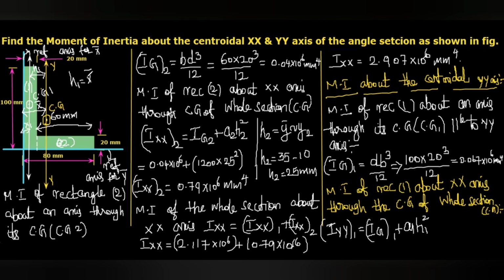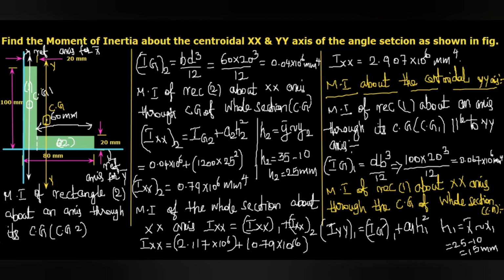To avoid confusion, I'm going to erase all these extra lines. Here X bar, the value we calculated, is 25, and X1 is 10 mm. 25 minus 10, so we get H1 as 15 mm.